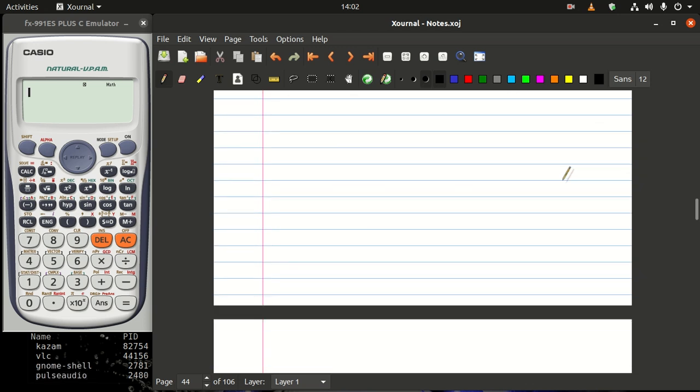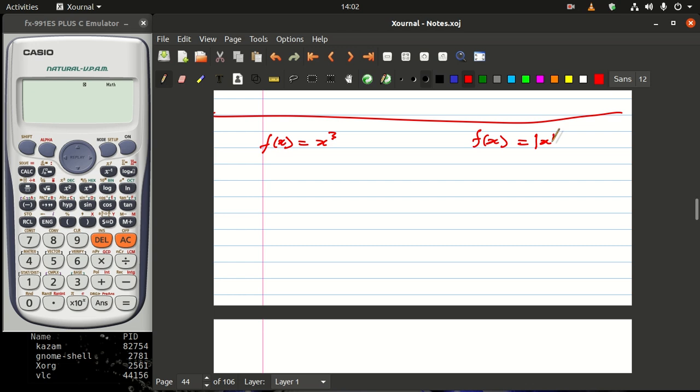And then the second thing that I want you to pay attention to now is this. Let's say I have f of x is equal to x to the power 3, or f of x is equal to the absolute value of x. If you want to plot this function, it will look something like this, and then it goes all the way like that.